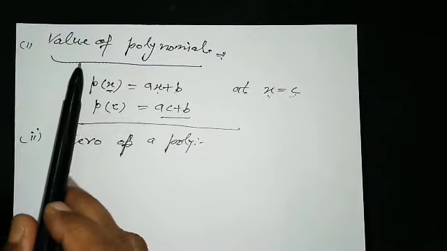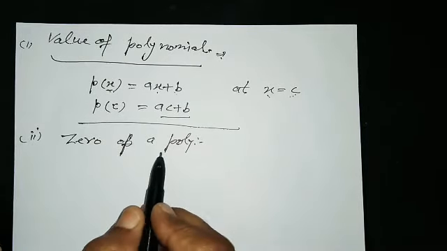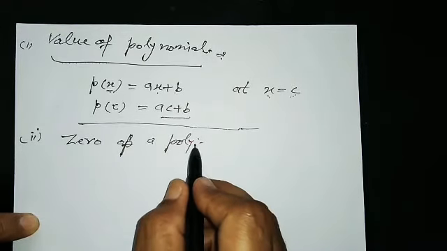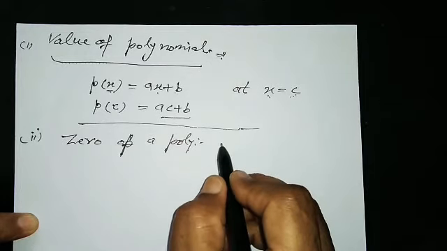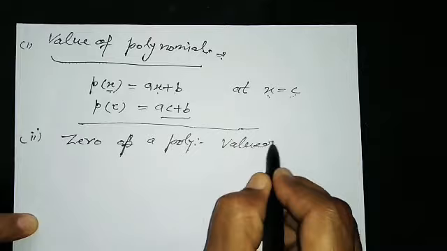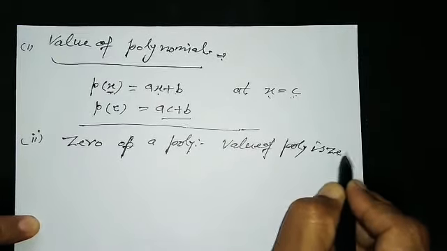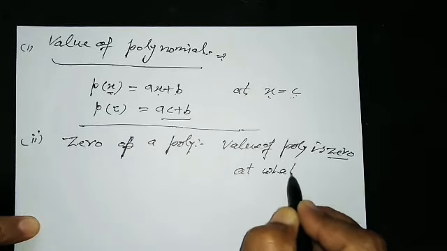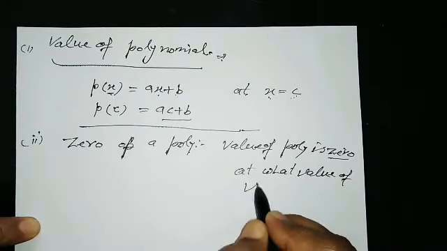I defined value first only so that I can tell you what is zero. Zero of polynomial means at which real number this polynomial becomes 0. Means the value of polynomial is 0 at what value of variable.